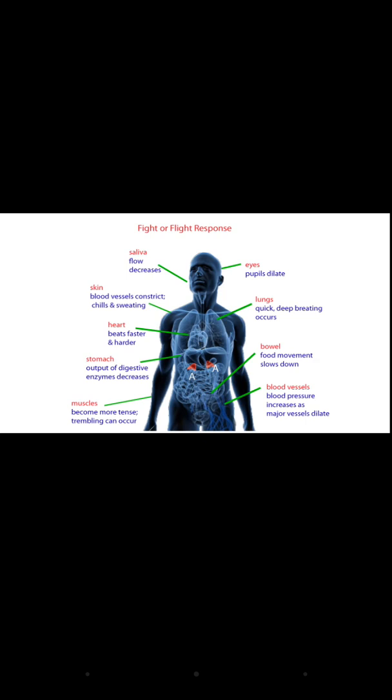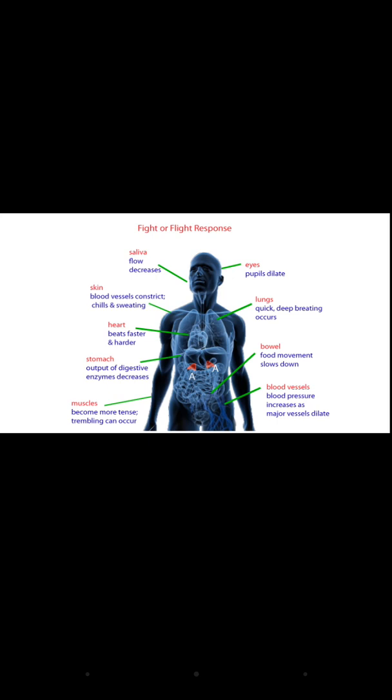The salivary flow will be decreased, the pupils will dilate, the blood vessels will be constricted, the person will feel chills and sweating will be there, the heartbeat will be faster, the digestion will be stopped or slowed down, the muscles will become tense and trembling can occur, the person will breathe faster, and the blood pressure will be increased.